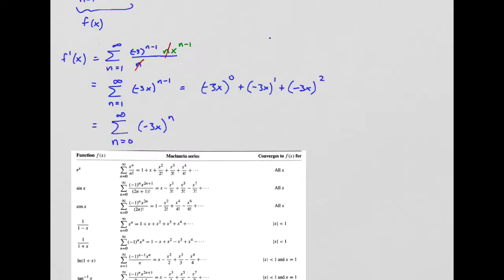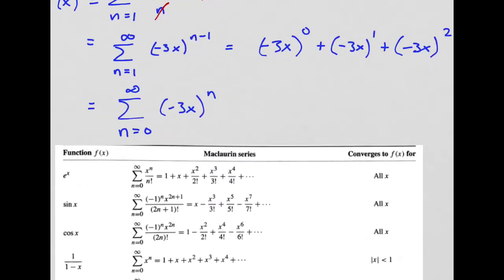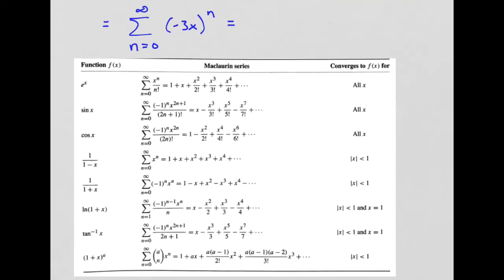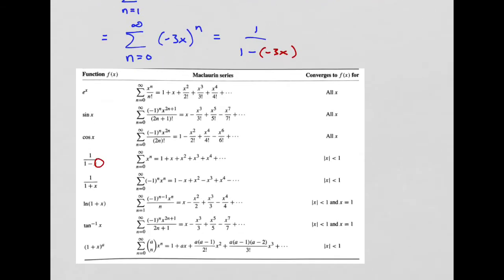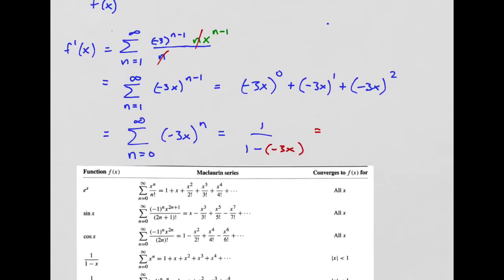So, this is actually the same thing as 1 over 1 minus negative 3x. Yeah, because instead of minus x, I have a negative 3x. So I put a negative 3x there. So that's all I have. Very good. That's it. So that's the part where I took the derivative.